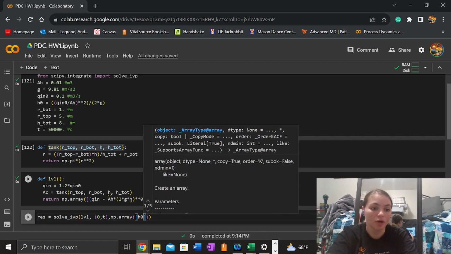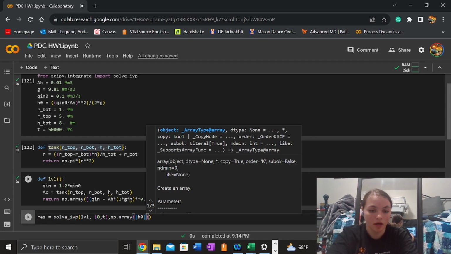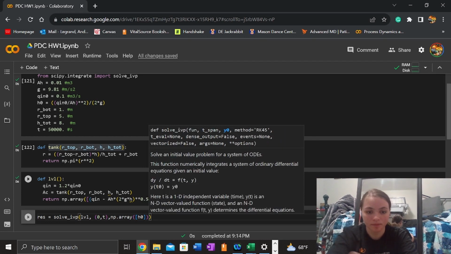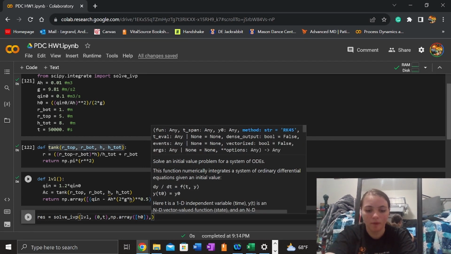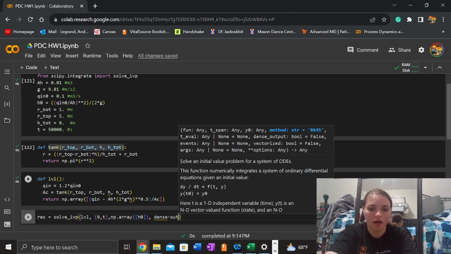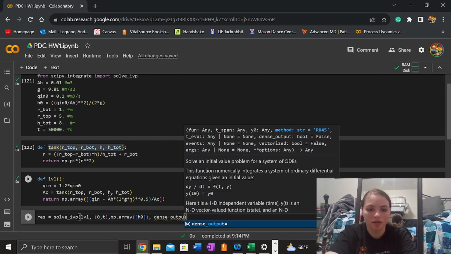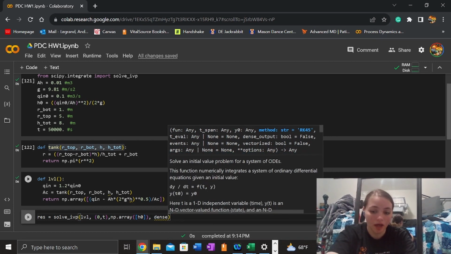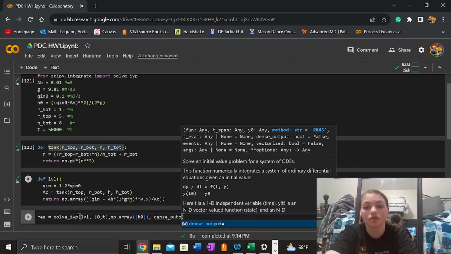Oh, I need to go back and put in my variables. I will do that before I press shift enter. We do np array, and then we have to do our dense underscore output. Oh, I need an underscore. Thank you very much.